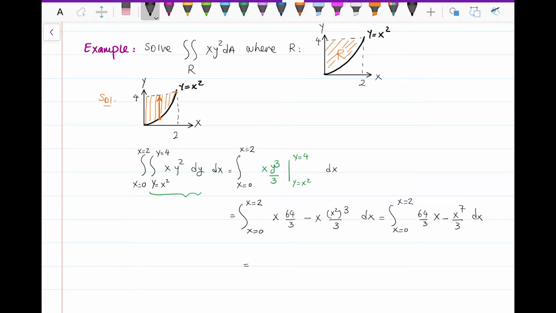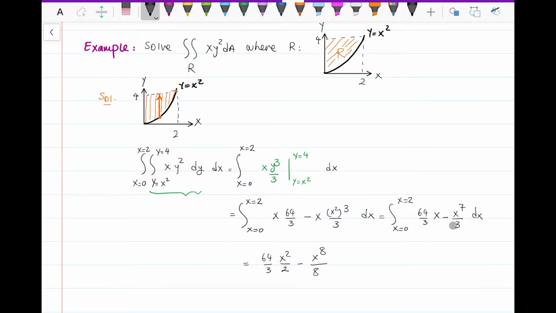Okay, now the solution for this integral would be 64 over 3 times x squared over 2 minus x to the 8 over 8, and I have 1/3 as well in here. So from 0 to x equals 2.